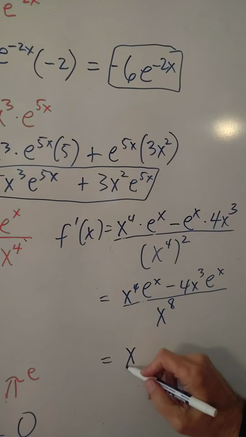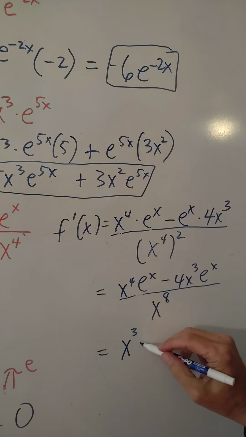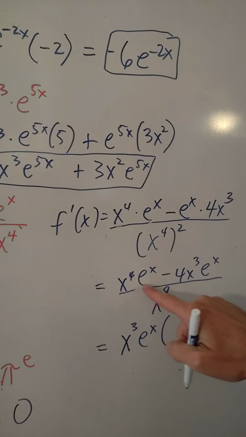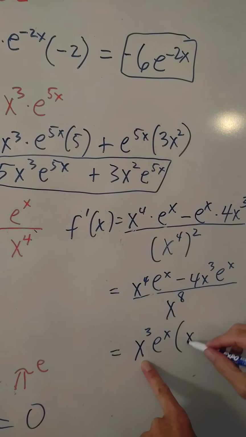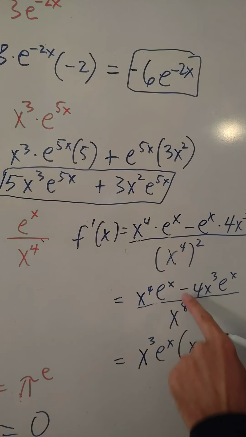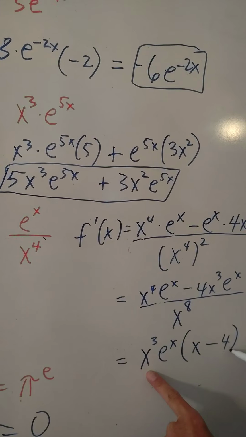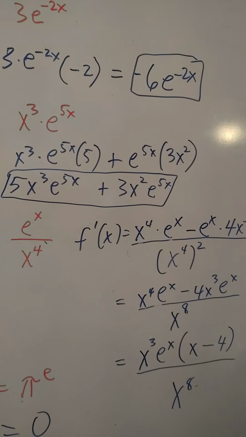So the greatest common factor, you always choose the lower exponent. e to the x is in both terms, so pull that out. And then what am I left with for the first term in the numerator? I only pulled out 3 x's. I need one more x. And that's good for the first term, minus, and then I'm missing just a 4. Everything else looks good. All over x to the 8th.